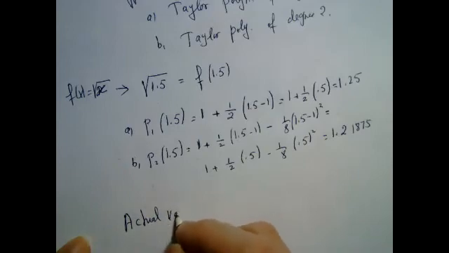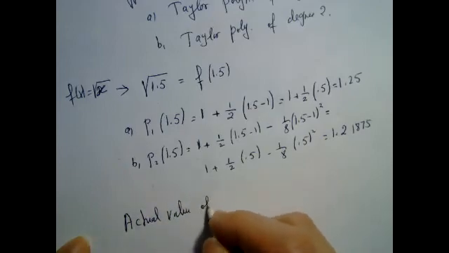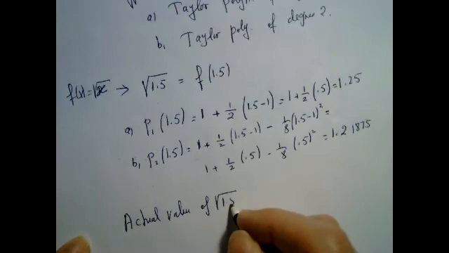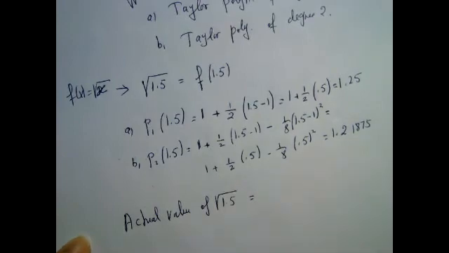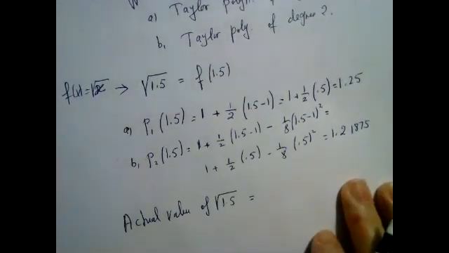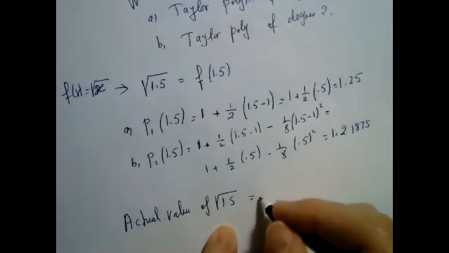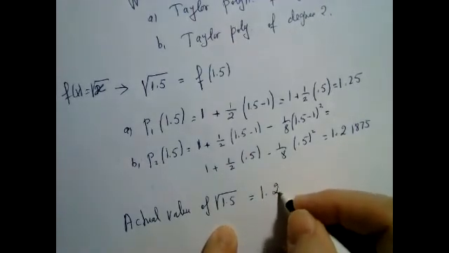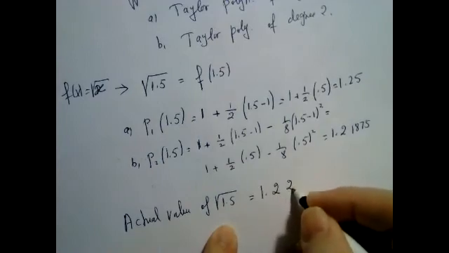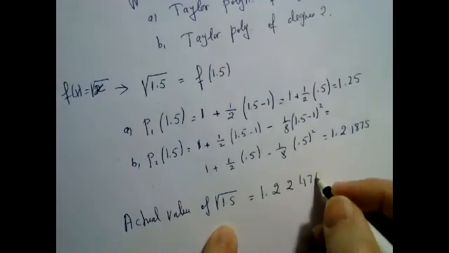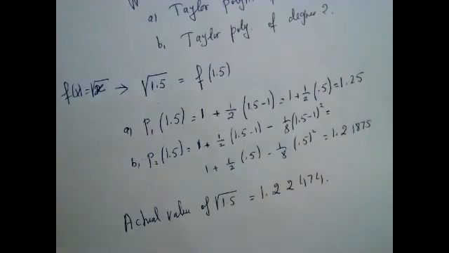So the actual value of the square root of 1.5, the one I pick up from the calculator because they have a very good algorithm to approximate that, if I pick it up, I will get 1.2247 and 4.